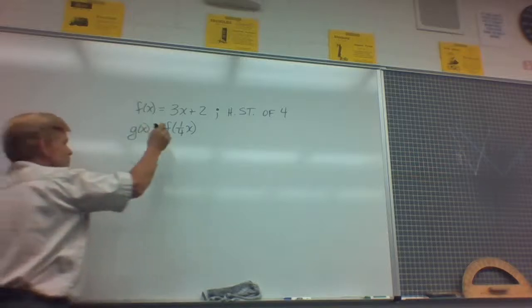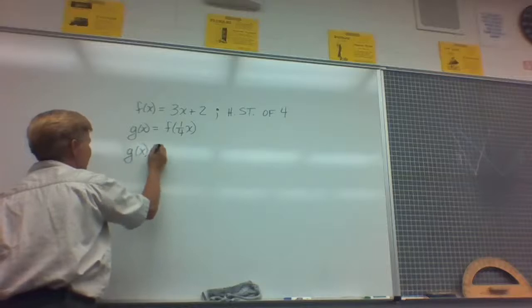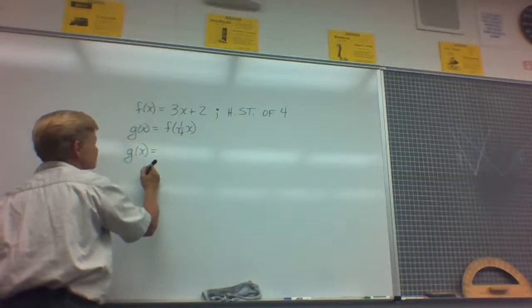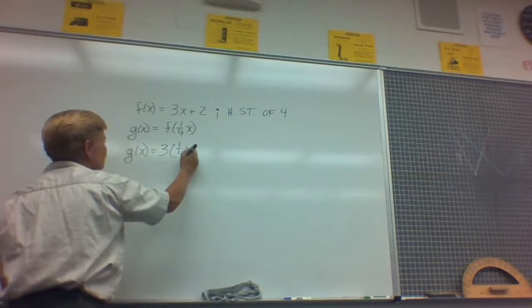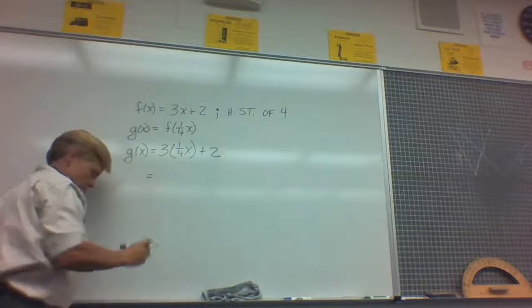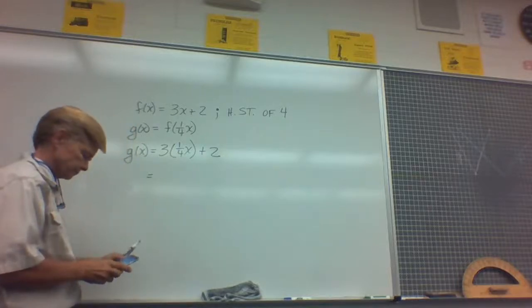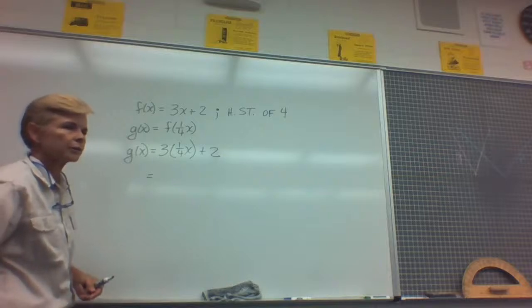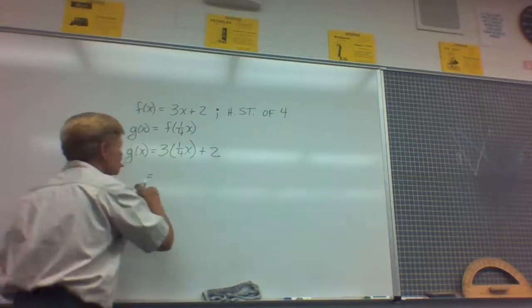To make it specific to this problem up here, then G would be what? 1/4 x. Yep. Good. Great. Here we go. Are you bringing this? Are you bringing that? Okay. All right.